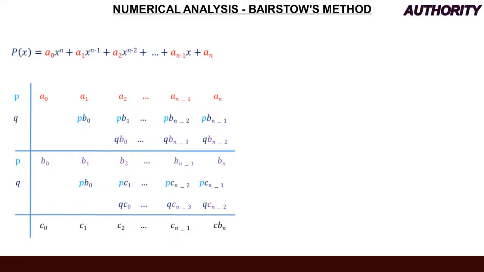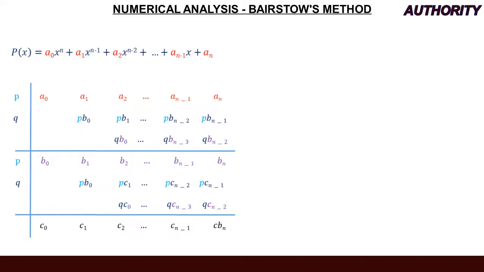Now we continue like this until we see bn minus 2 multiplied by p gives you p bn minus 2, and then we step back again to bn minus 3. Bn minus 3 multiplied by q gives you q bn minus 3. When we add an minus 1 plus p bn minus 2 plus q bn minus 3, it gives you bn minus 1.